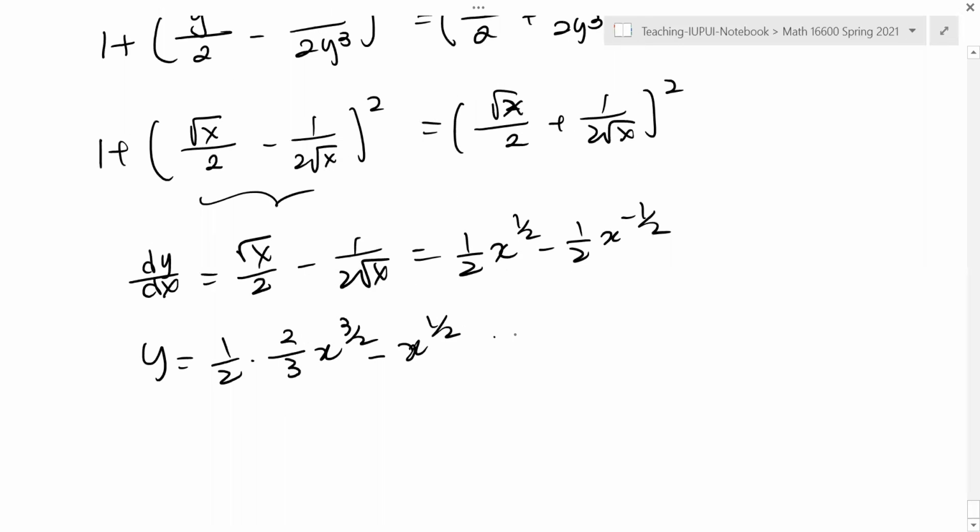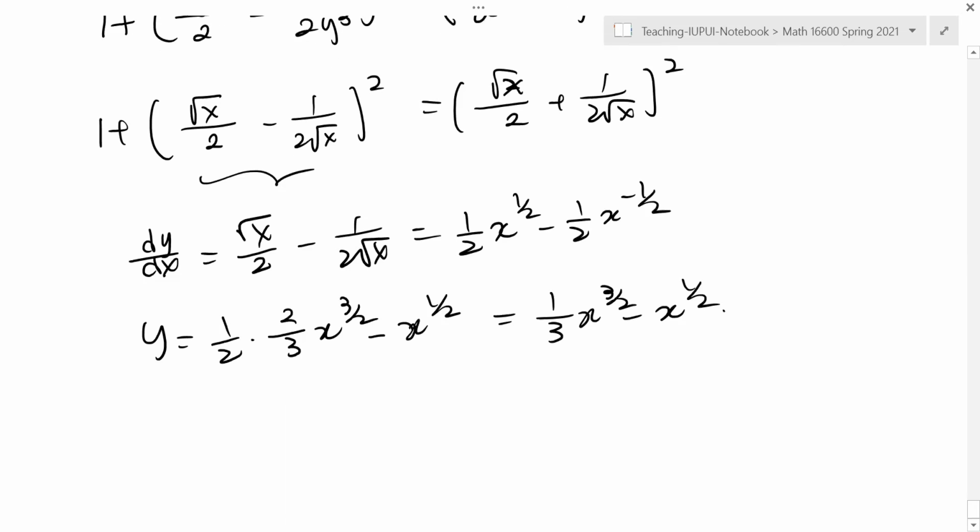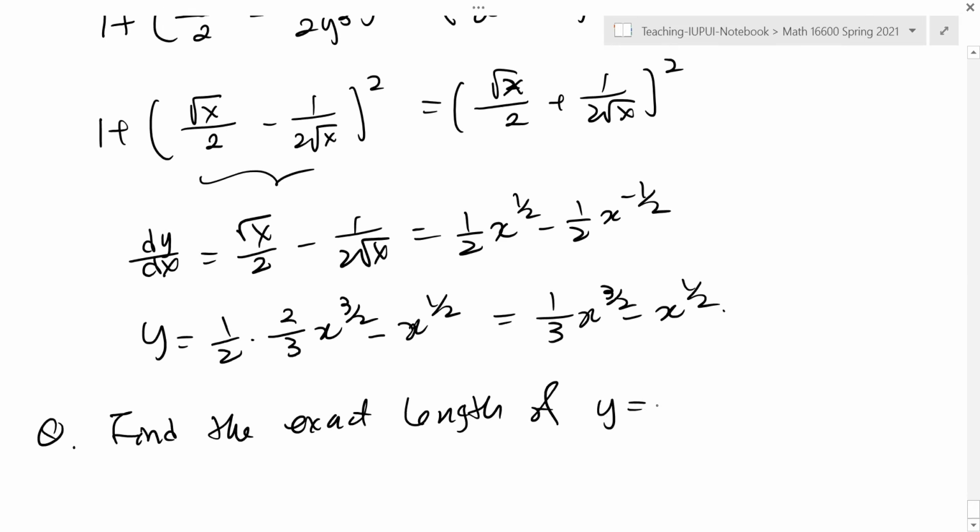So using this example, I can always ask you to find, I can set up an example like find the exact length of this curve determined by, okay, and I can say x is between 1 and 4.